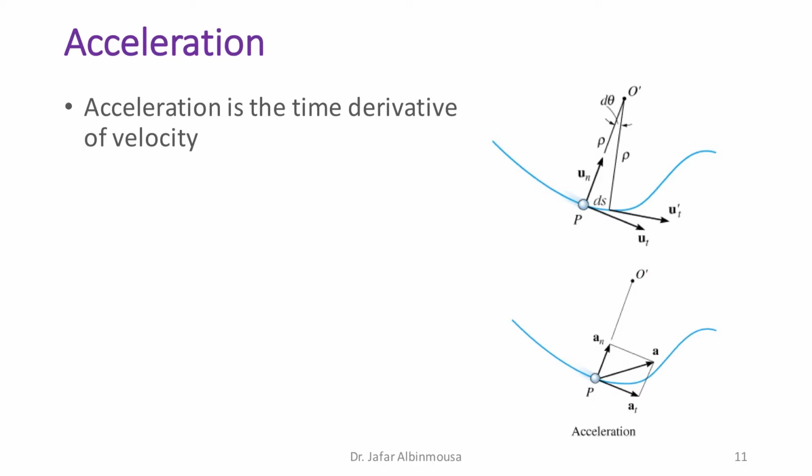Now, as we all know, the acceleration is the time derivative of the velocity. So if we write down the velocity vector, v equals v magnitude times ut unit vector, then the acceleration vector is equal to v dot, which is equal to d over dt of v ut.